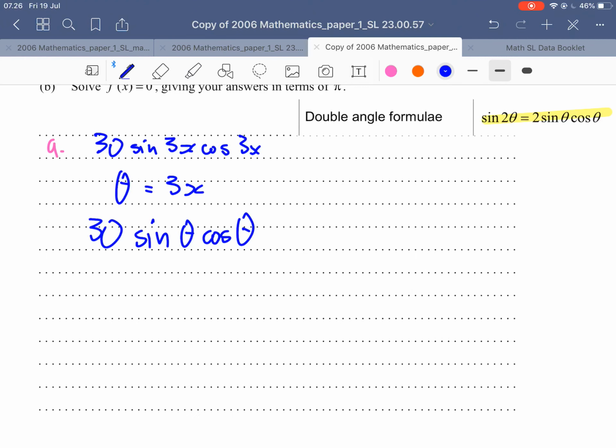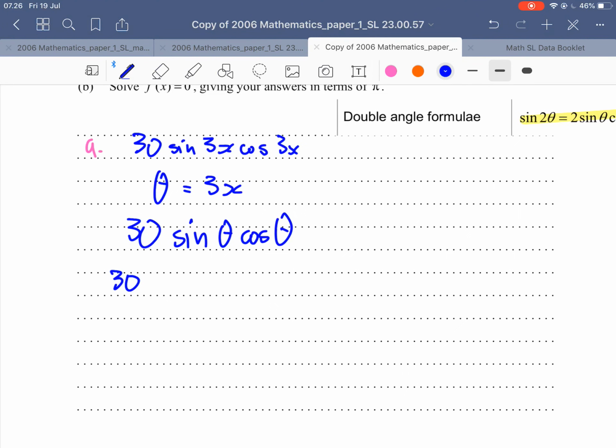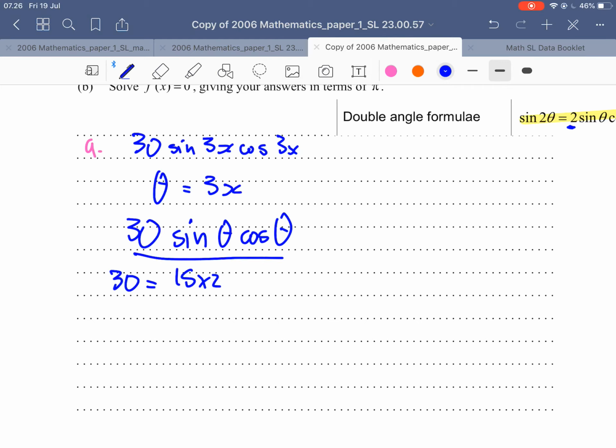Now I'm going to split this 30 off, because we want to get that 2 out the front. You know that 30 equals 15 times 2. So we can rearrange this into 15 times 2 sine theta cos theta, and that's just equal to this.